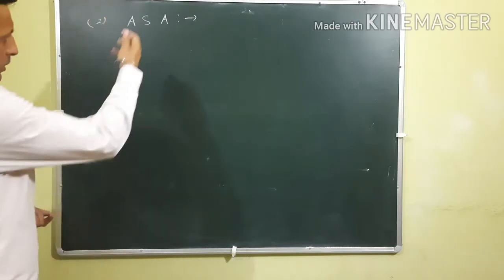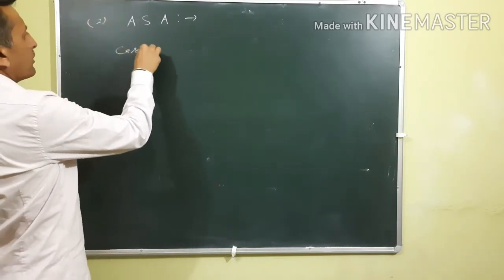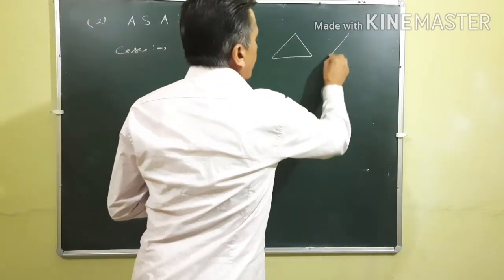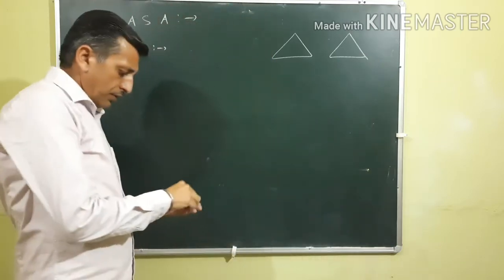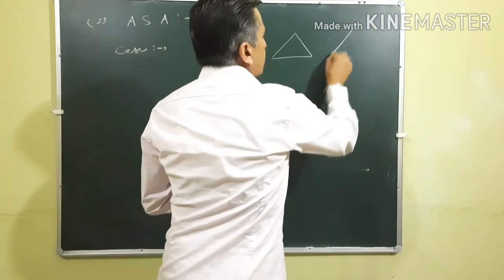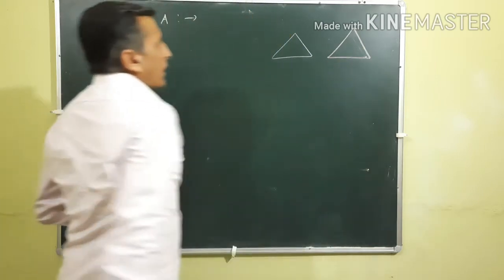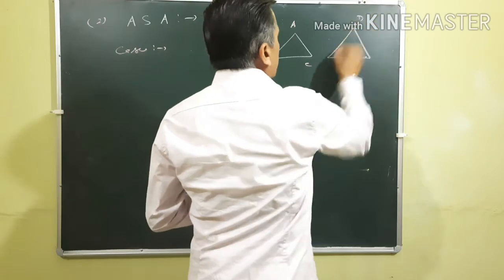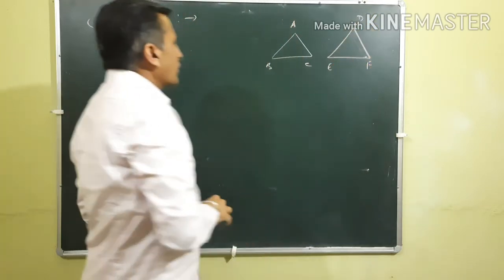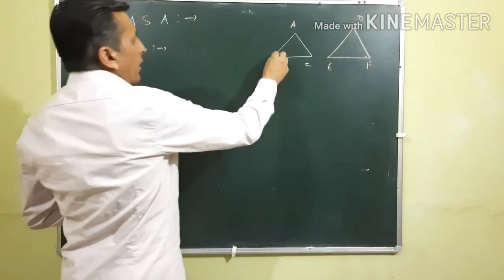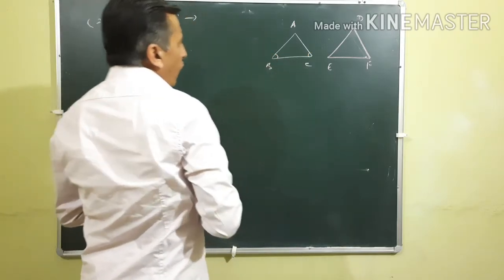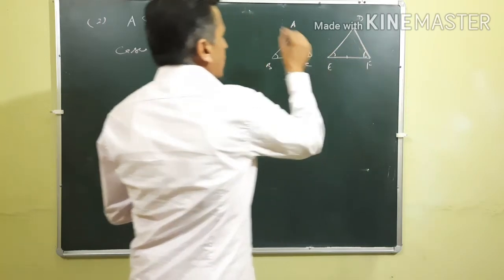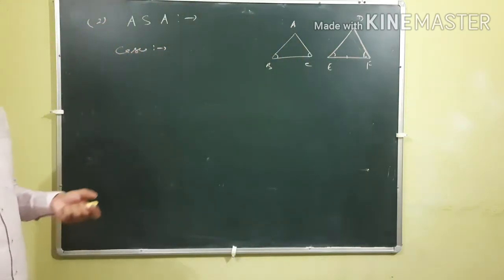In the first case, it's very easy. He said suppose this is your first triangle and this is your second triangle. Let it be A, B, C and D, E, F. If the angle, side and angle of one triangle is equal to the angle, side, angle of the other triangle, then you can say that the triangles are congruent.